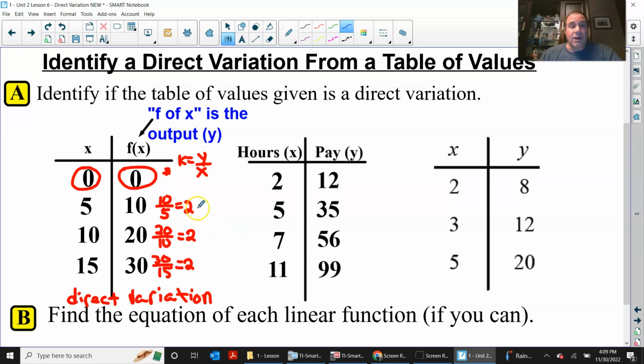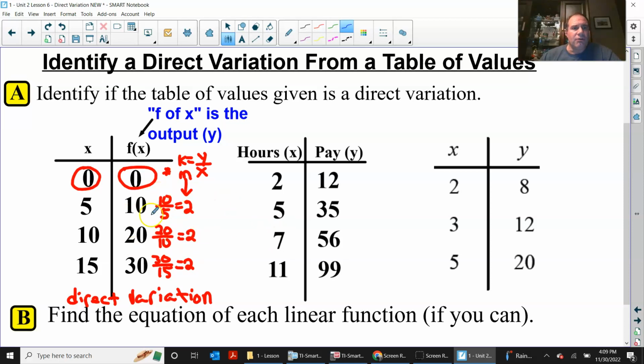And if you really want, this is the slope, the k, the m. The only time you could figure out slope that way is when you have a direct variation. If you don't, then this slope thing doesn't work out. You have to do y2 minus y1 over x2 minus x1.